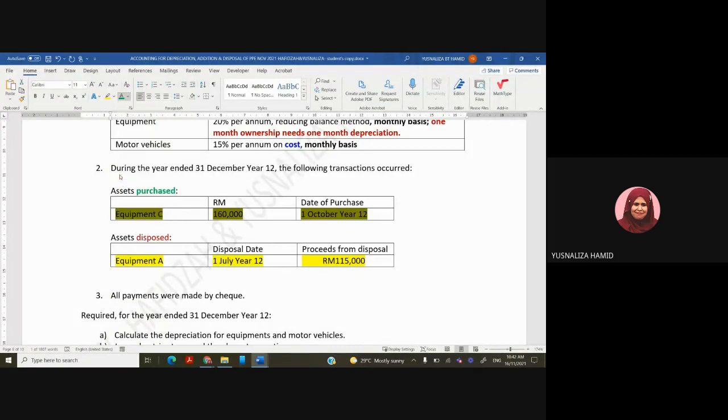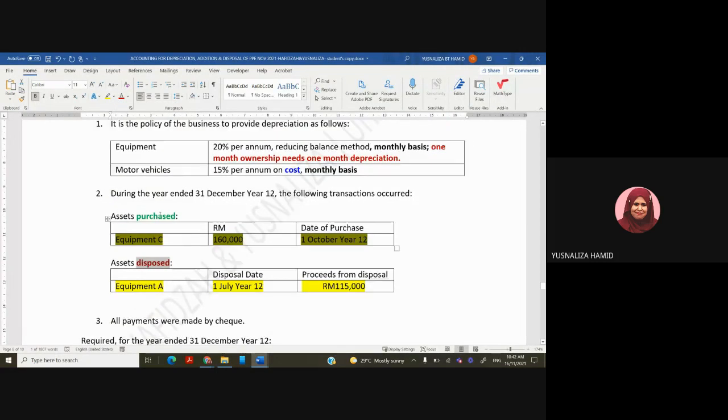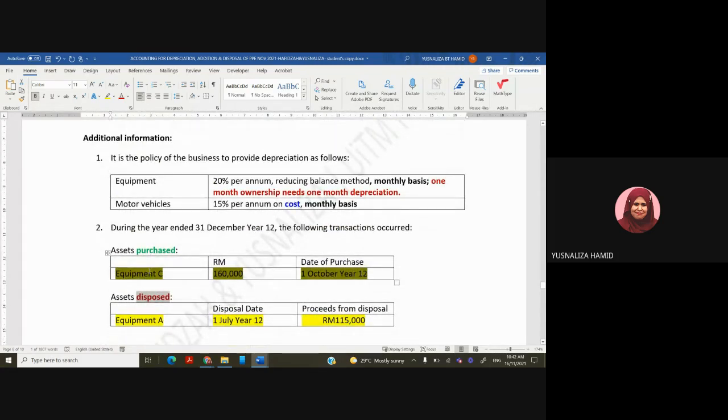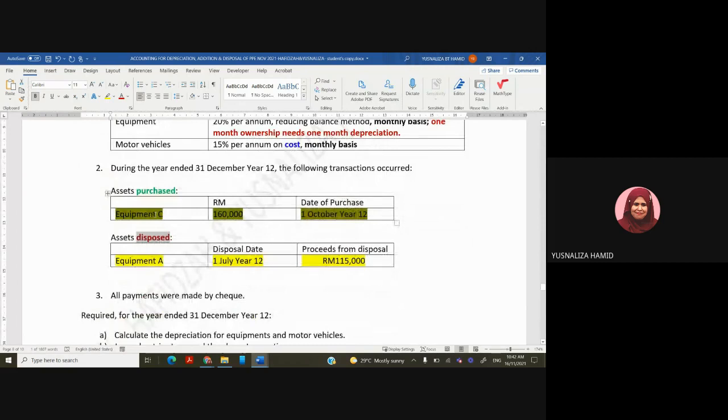What was disposed is not relating to the motor vehicle that was purchased, but is about equipment. The asset that was purchased is another equipment, equipment C. The cost of the equipment is 160,000, and the date of purchase is 1st of October, year 12.